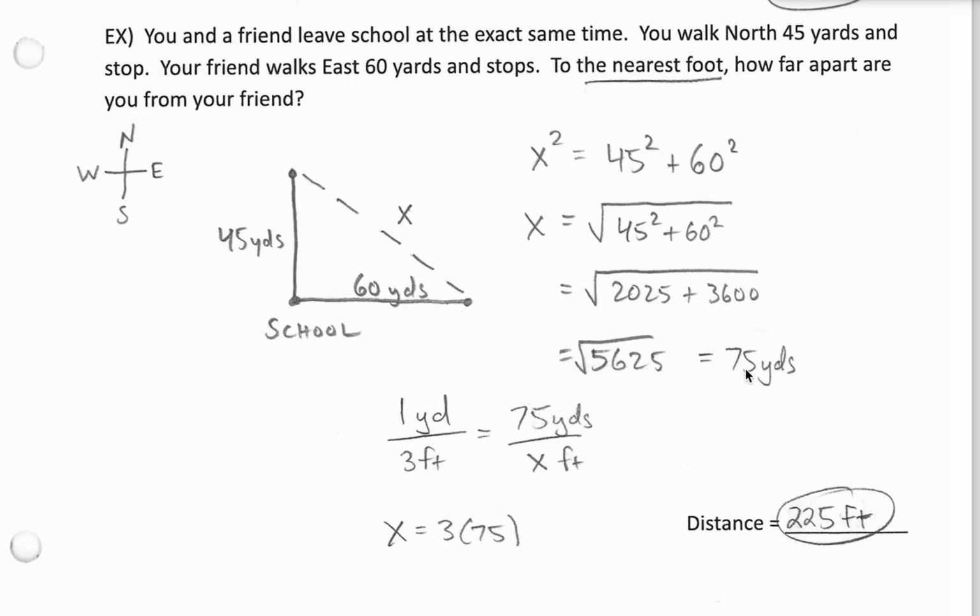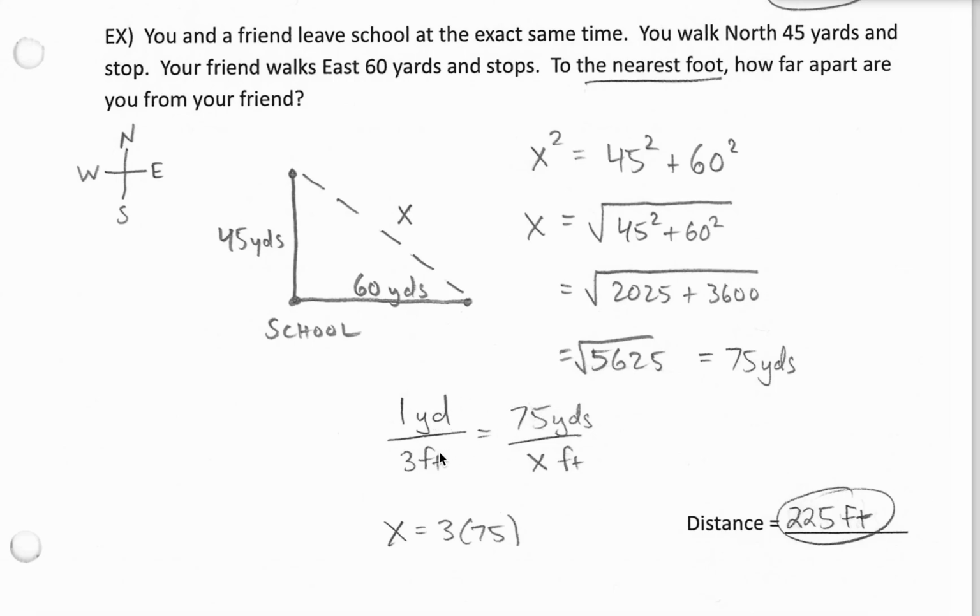There are 3 feet in every yard. So in 2 yards, we must have 6 feet. 3 yards would be 9 feet. So we're getting bigger if we want to go to feet, so we're going to have to multiply. Or if you weren't quite sure if you were multiplying or dividing to convert, you can create a proportion. If there's 3 feet in 1 yard, set that equal to your next ratio, making sure that corresponding things are in the same spot.